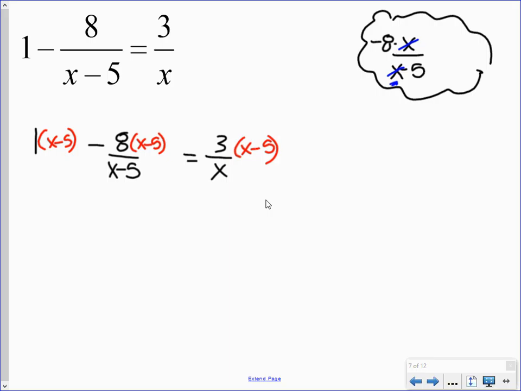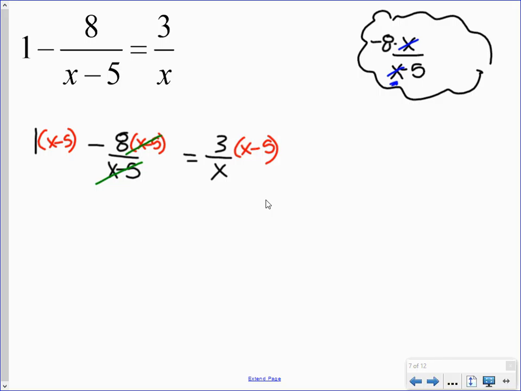And if it has plus or minus right after it, you can't just cancel it with a single x. It doesn't have a factor of x, it just has a term of x. So the only thing that will cancel out x minus 5 is something that looks exactly like that above it. X minus 5.